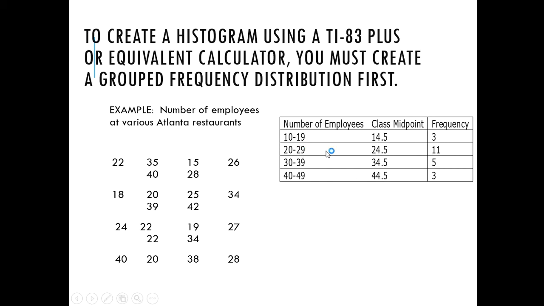For the next one, 20 plus 29 divided by 2 gives me 24.5. I keep going down, and here you can see my frequencies. Between 10 and 19 there's 3, 20 to 29 there's 11, 30 to 39 there's 5, and 40 to 49 there's 3. We're going to use these midpoints and these frequencies.